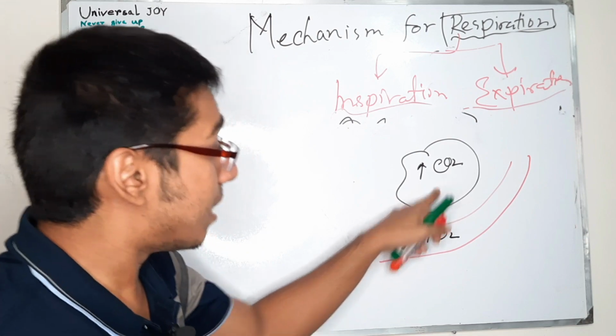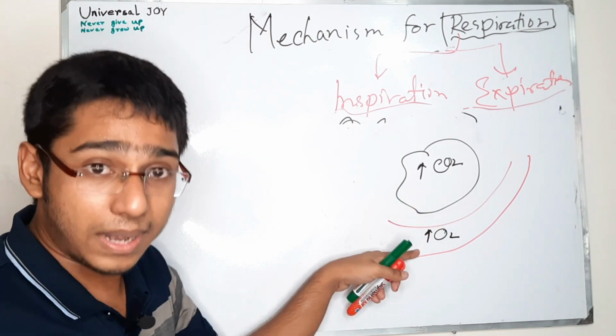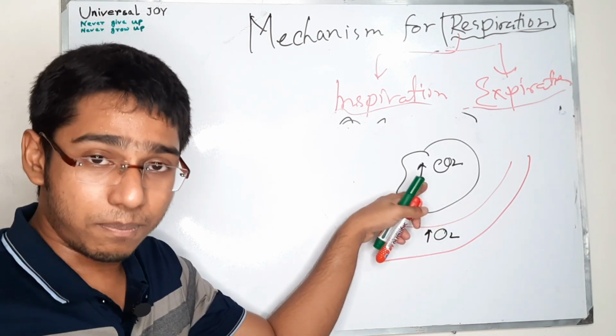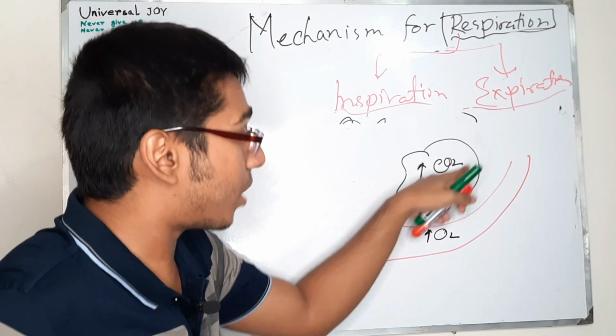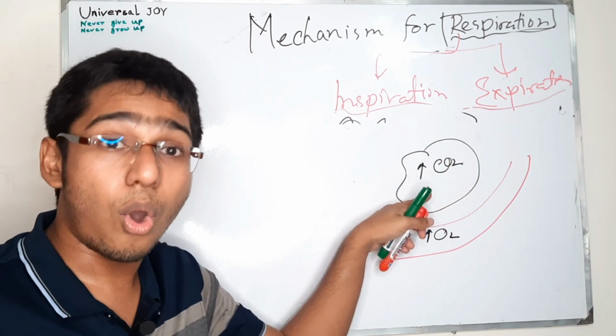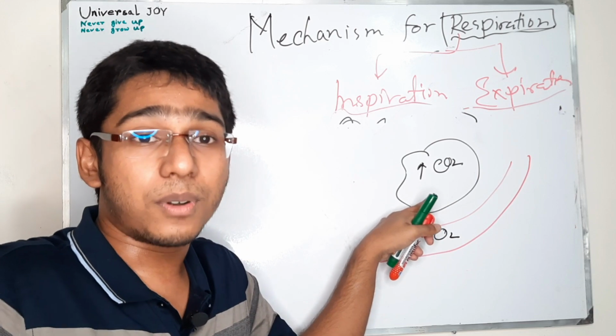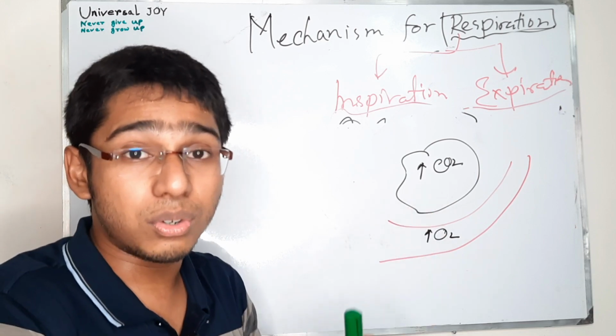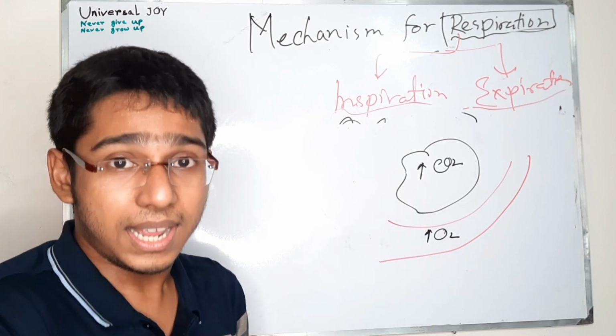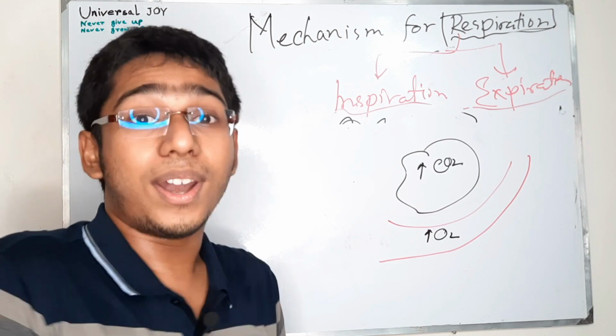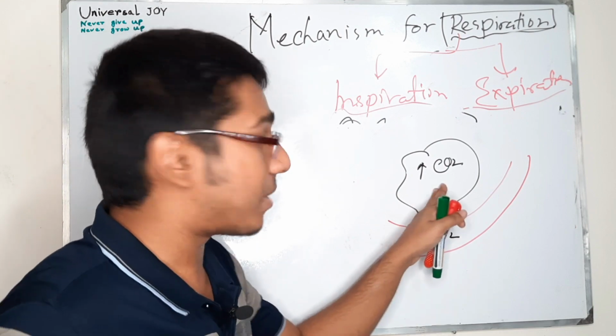That means prior to the diffusion of the oxygen from the blood vessel into the body cell, there was the production of carbon dioxide, because the cell has already produced carbon dioxide as it wants to synthesize ATP. In an attempt of doing that, it has already produced carbon dioxide.